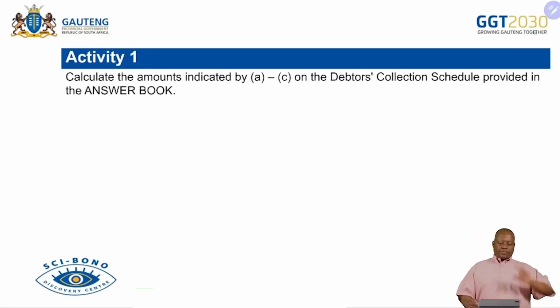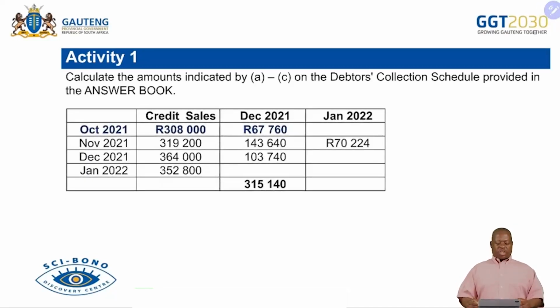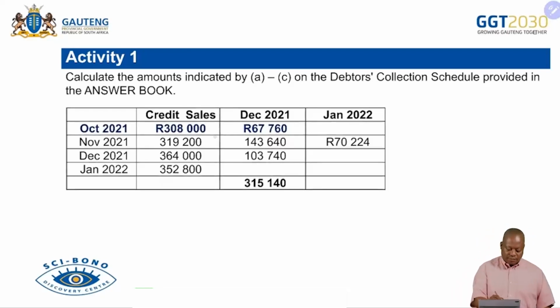Now, let's check how do we go about preparing a debtors' collection schedule? Please take note. The first thing that we need are the credit sales. We need these figures. And from the information that we are given, it's straightforward, because they are saying here, 40% are credit, and we are all agreed that 60% becomes cash sales, right?